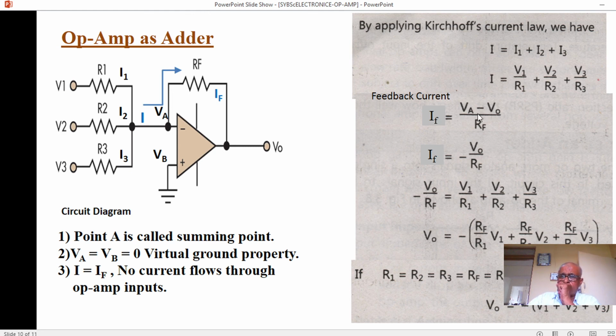Now in this case VA is 0 because of the virtual ground property, so the feedback current is minus Vo upon RF. Now if we equate these two equations, we will get the output as shown by this expression. If all these resistances are selected with equal value, then we get the output equal to minus the sum of the three input voltages. This is the adder circuit.